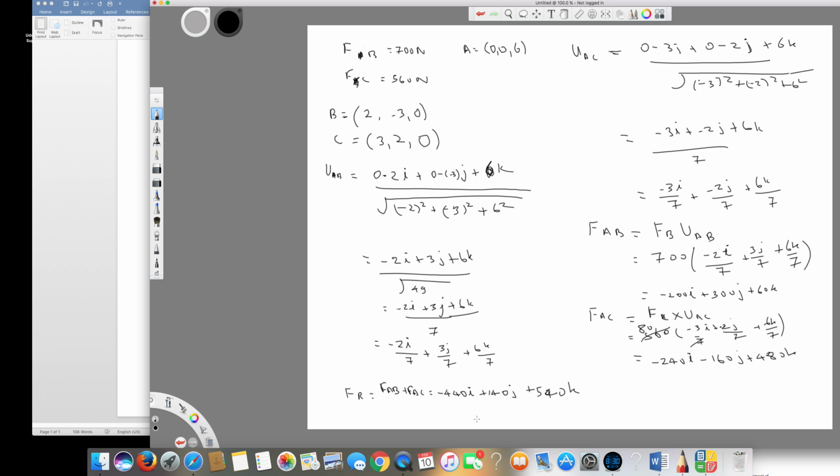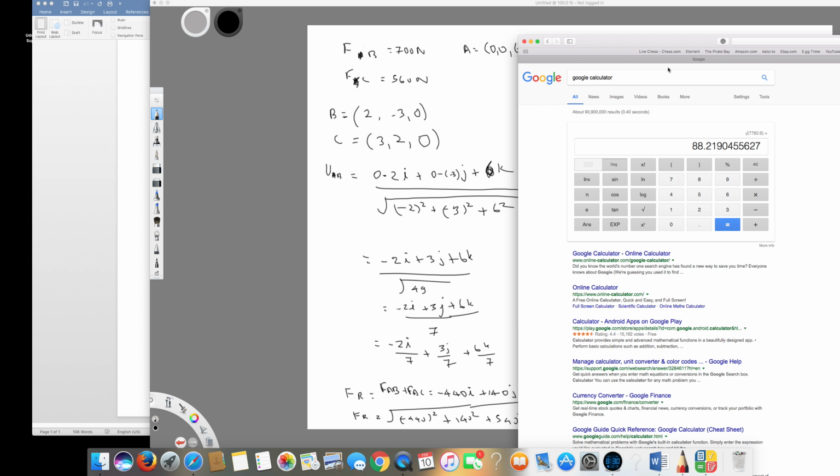Now since we have got this one right here, to find the magnitude of FR, I have to square root it. So FR is going to be equal to the square root of minus 440 squared plus 140 squared plus 540 squared. So let's see what we get.